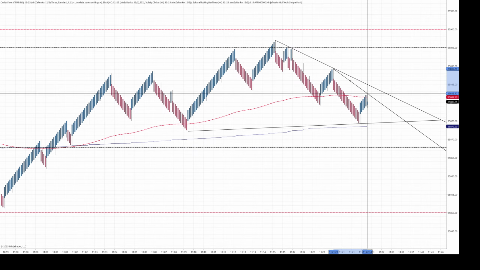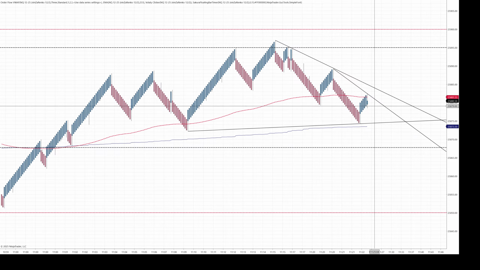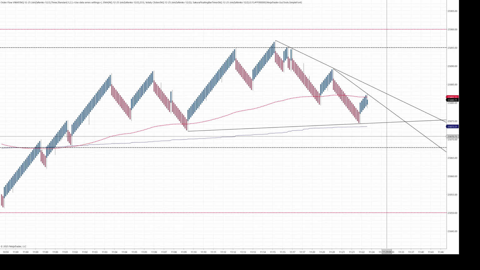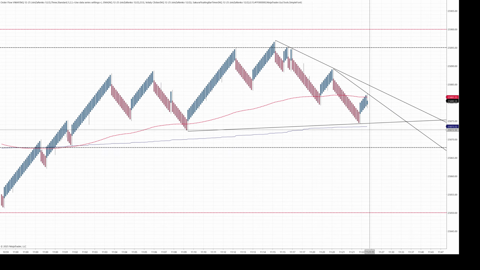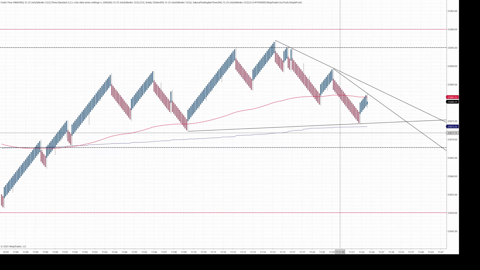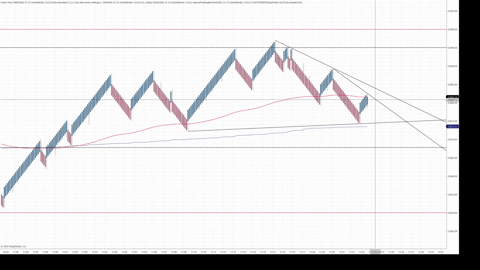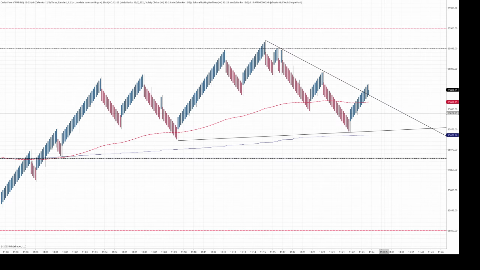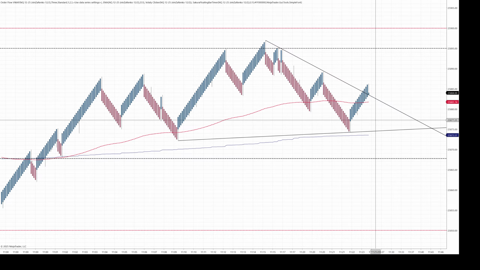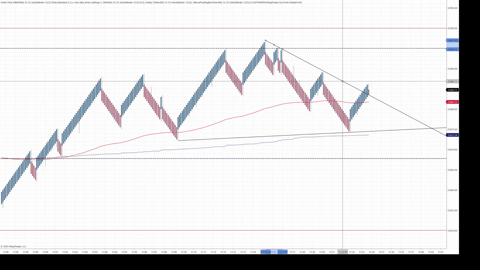This is another downward trend line here if it keeps going down. If not, we'll delete it. Did break this trend line.